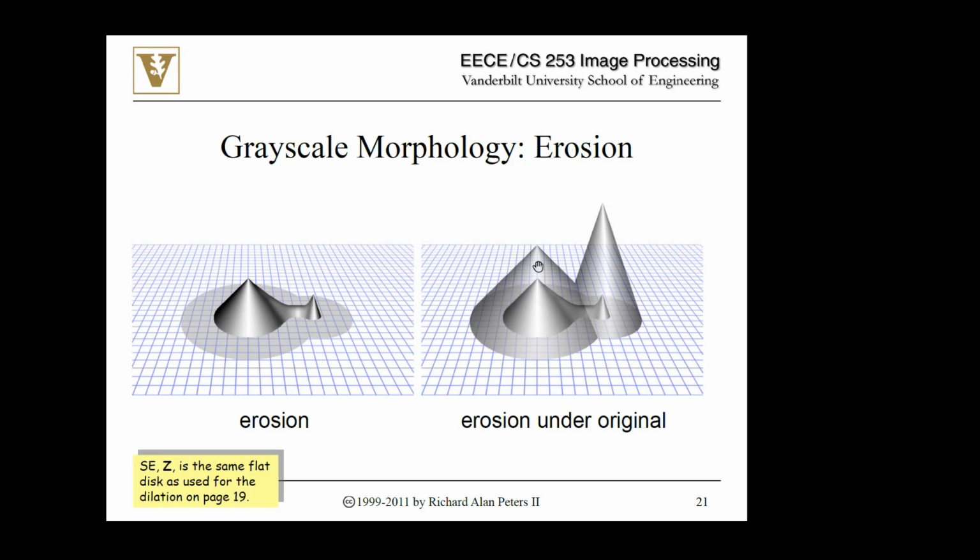The same for the other. So at the end, all the gray values, you're pushing them down towards zero.